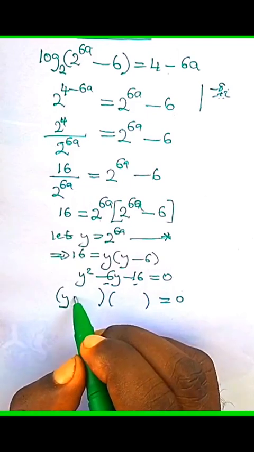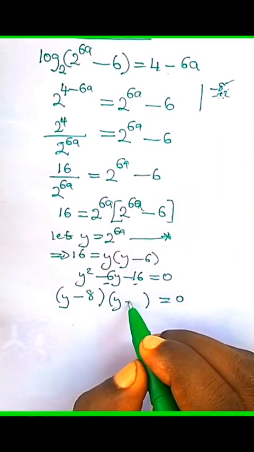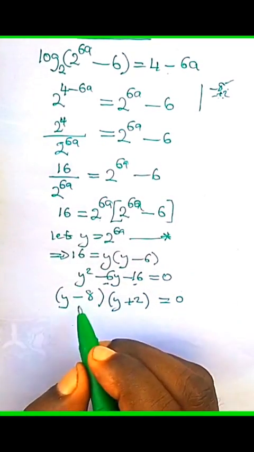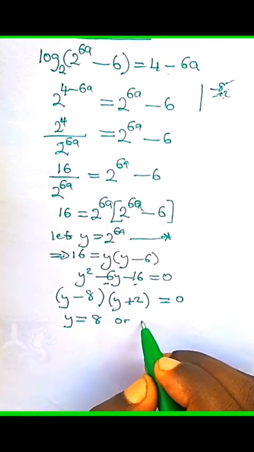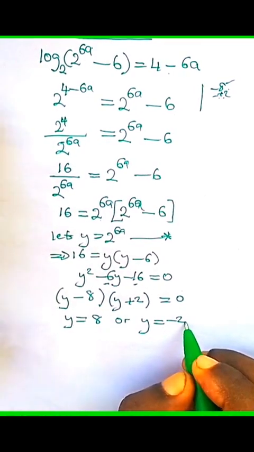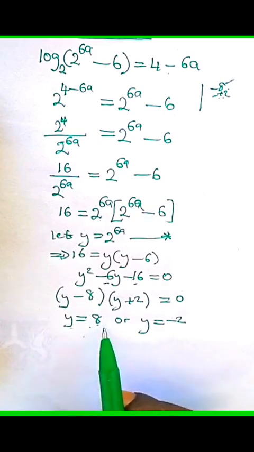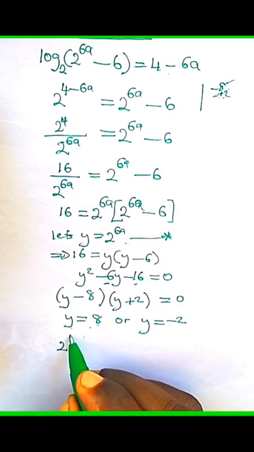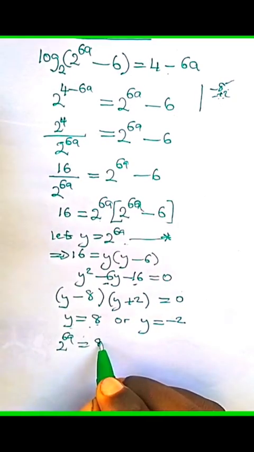So y minus 8 and y plus 2. From here, y is either equal to 8 or y is equal to minus 2. So when y equals 8, then we have 2 to the power 6a equals 8.